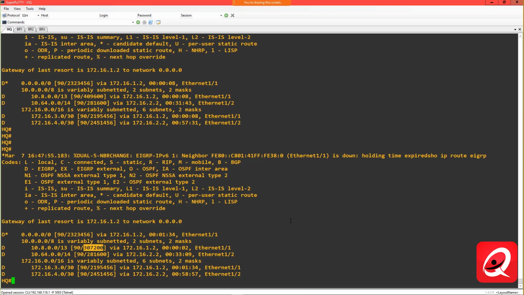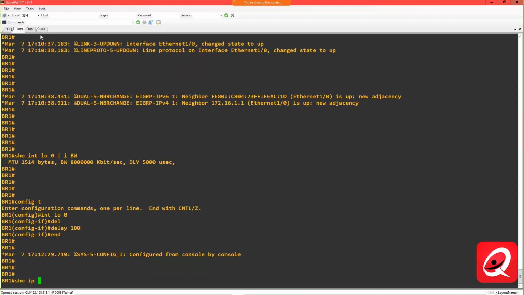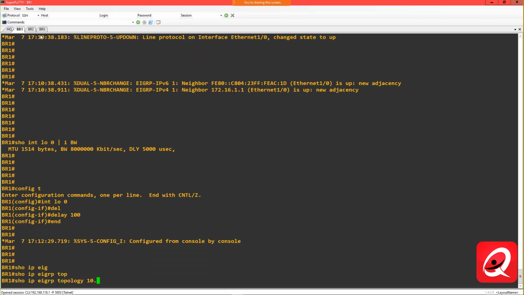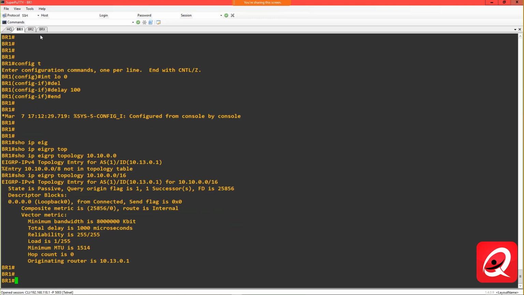So it's taking the actual metric, and if I come into BR1 as an example and do show IP EIGRP topology 10.10.0.0 slash 20, well, I think these are 16s. So I can see that the actual metric for this particular path is 25856.